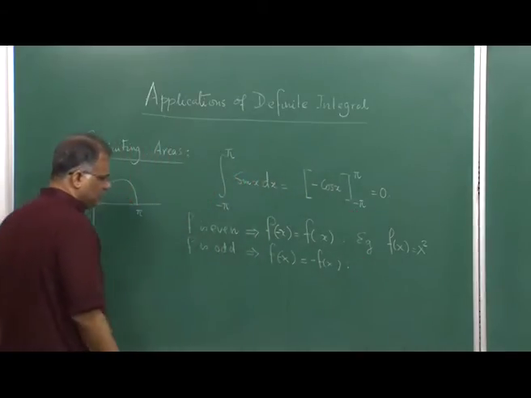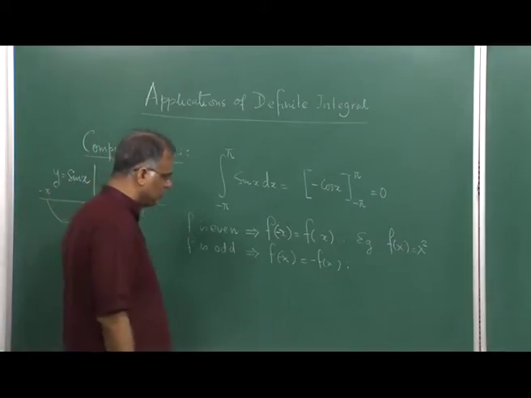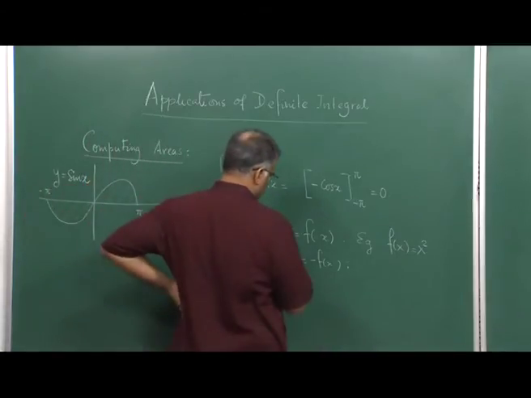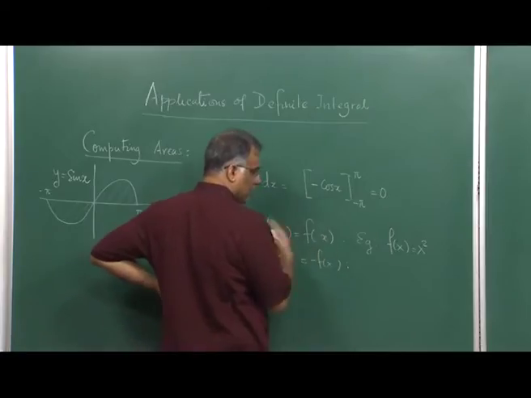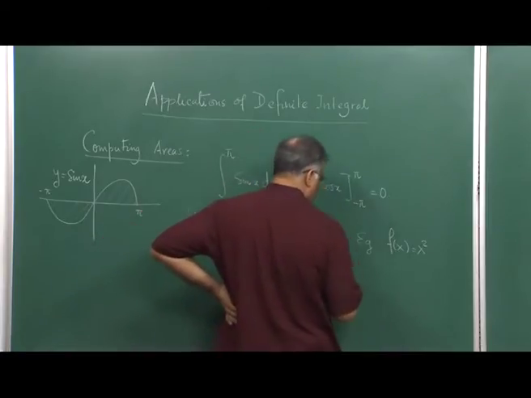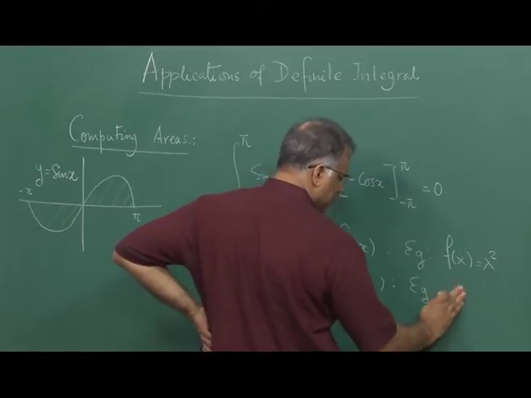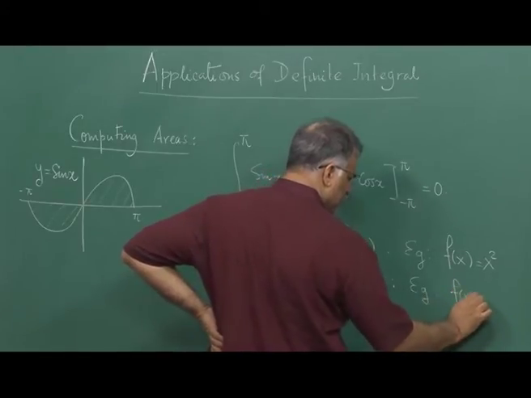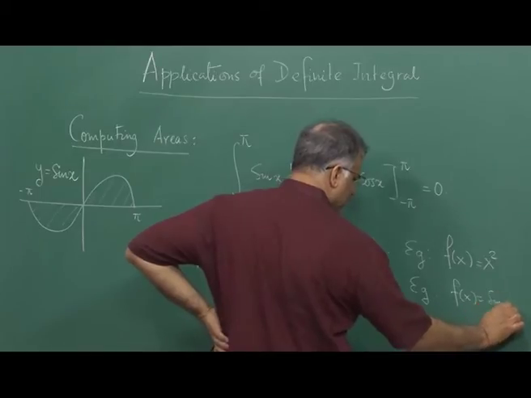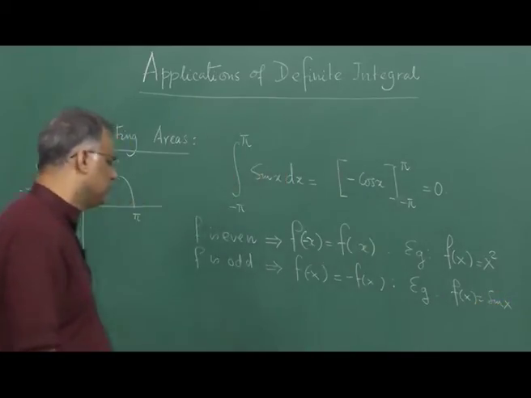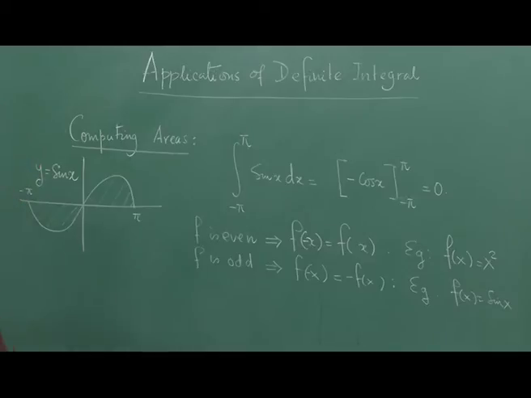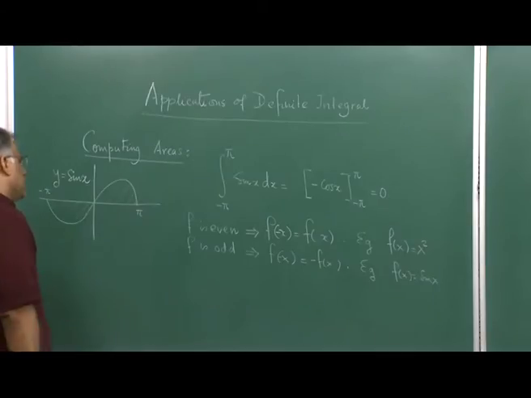When you put minus x instead of x, it will be minus x cubed. Another example is sin x. Cos x is an even function, sin x is an odd function.